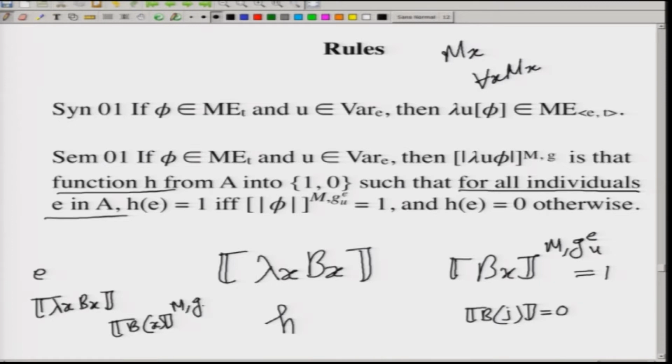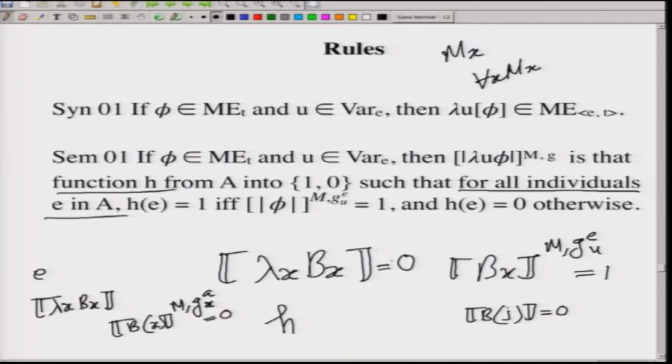So, what is that assignment? When a is assigned to x, this assignment gives the value 0. So there is at least one e, which happens to be a, such that B x with respect to m g a x is 0. That is the reason the value of lambda x B x also will be 0.